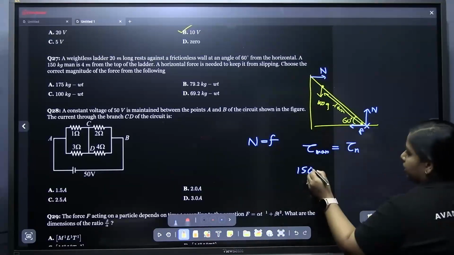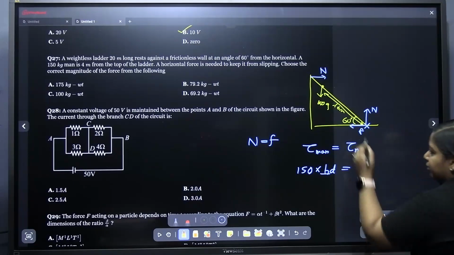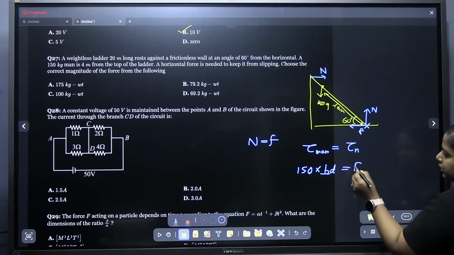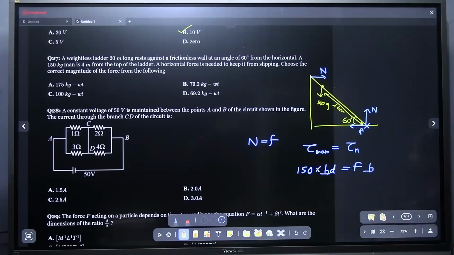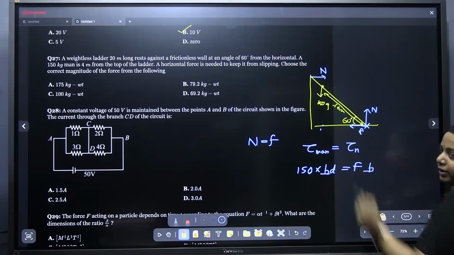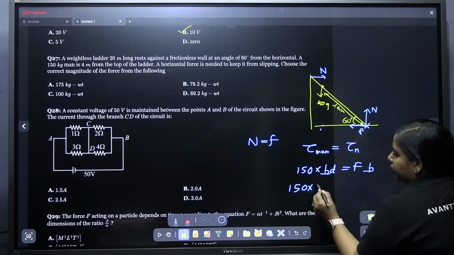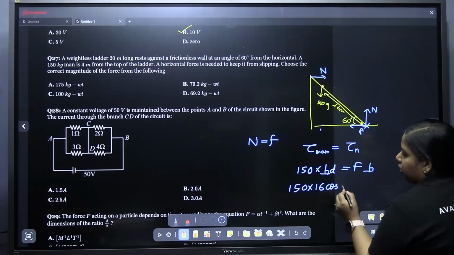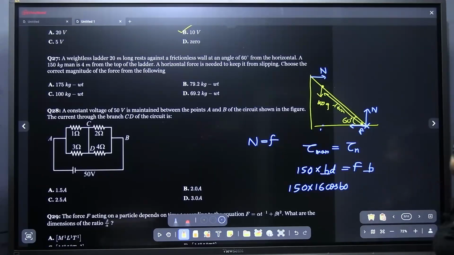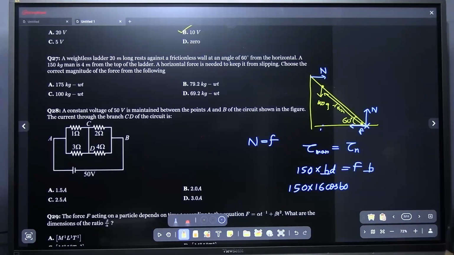Force into perpendicular distance, right? Similar way here also, force into perpendicular distance. For this we have to see. Here if you see, this is the point, okay? So perpendicular distance is equal to 150 into 16 cos 60. Okay, this distance is perpendicular distance, and for here this distance is perpendicular distance.